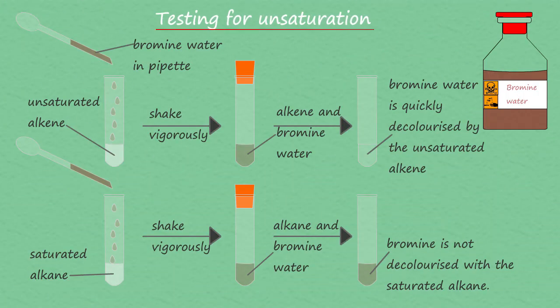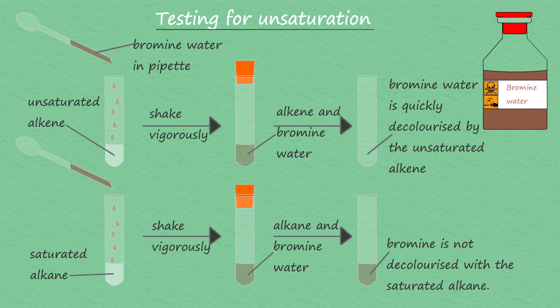Now we have seen that when a large hydrocarbon molecule is cracked, it will produce a mixture of saturated alkanes and unsaturated alkene molecules. A simple test to determine whether a particular liquid or gas is saturated or unsaturated involves adding red-brown bromine water to a sample of each in a test tube as shown on the screen.